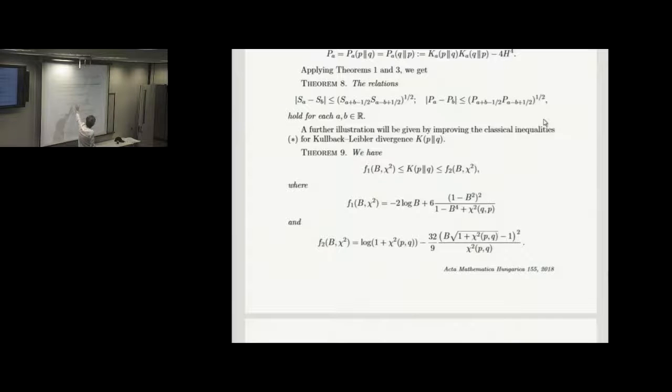Both functions depend only on the Bhattacharyya constant and the chi-square distance. So this is f1 and this is f2.